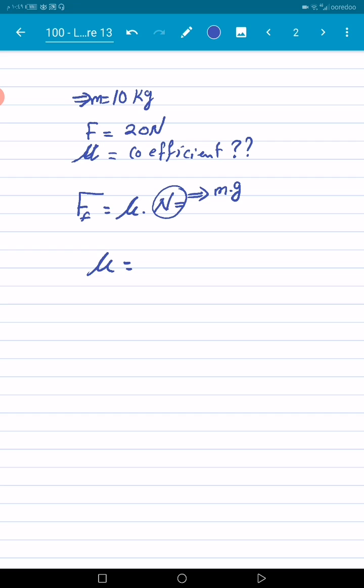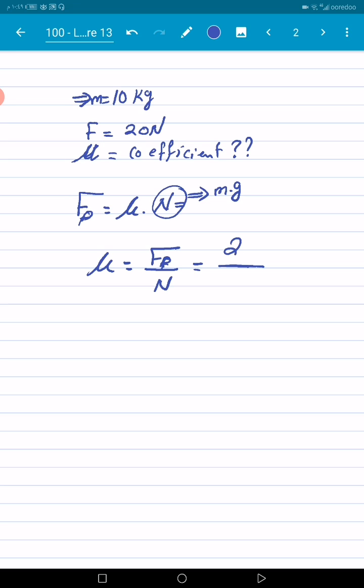Mu is equal to F friction divided by N. How much is the F applied, or F net here, applied force, sorry, applied force.